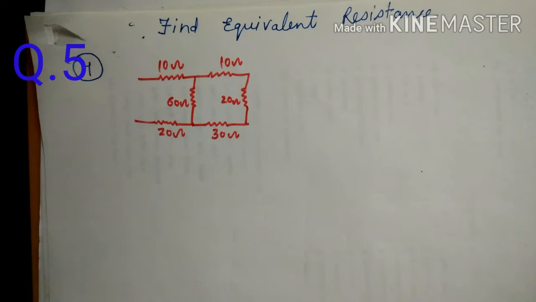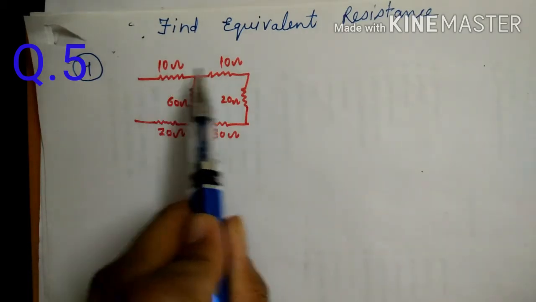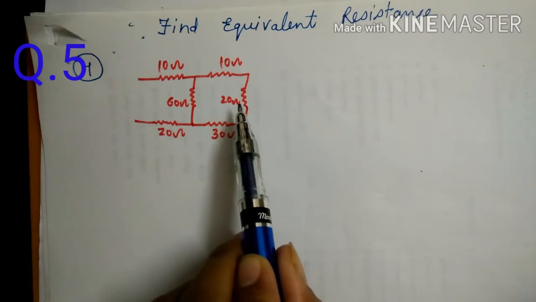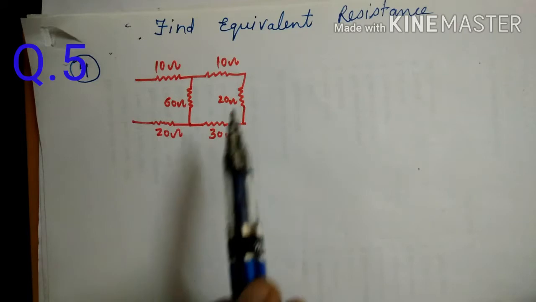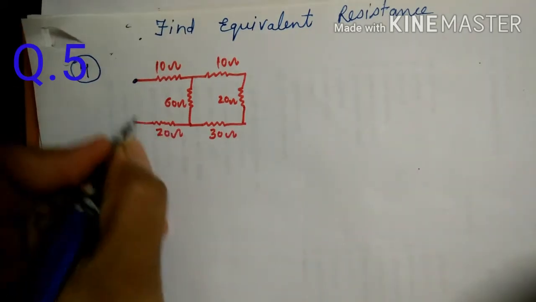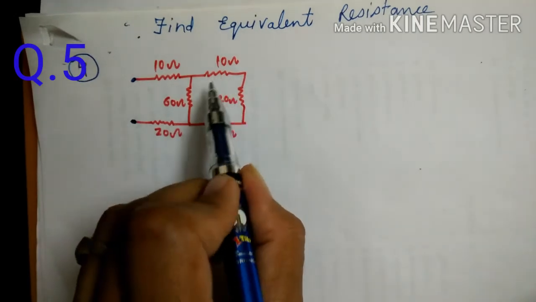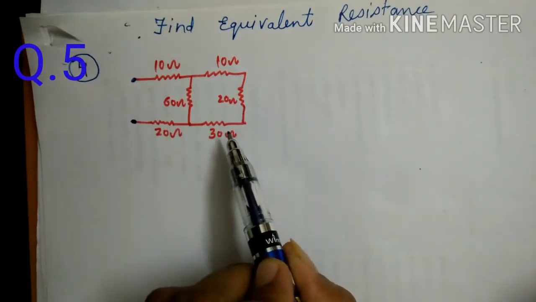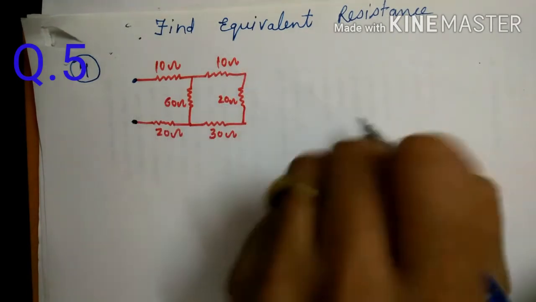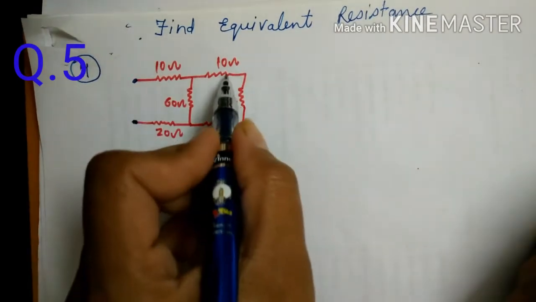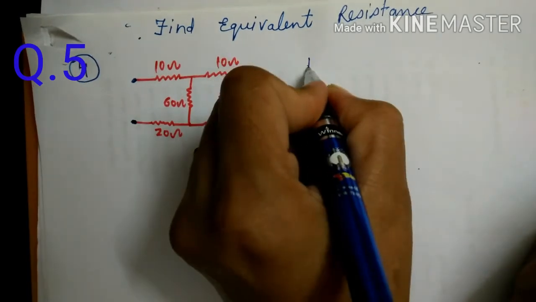Now see, in this circuit we have resistors of 10 ohm, 10 ohm, 20 ohm, 30 ohm, 60 ohm and 20 ohm again. We can see here 10 ohm, 20 ohm and 30 ohm are in series. So firstly find the total equivalent resistance of these three.